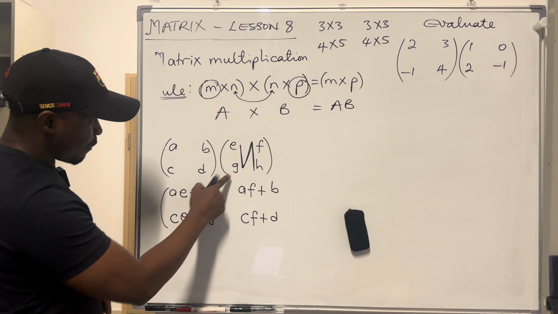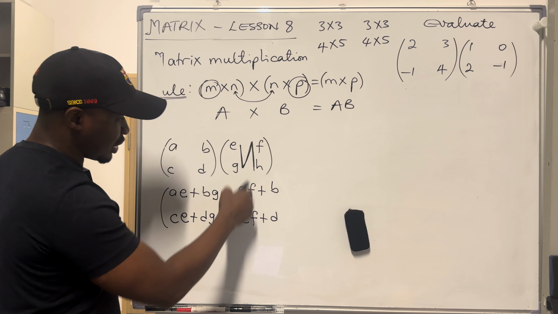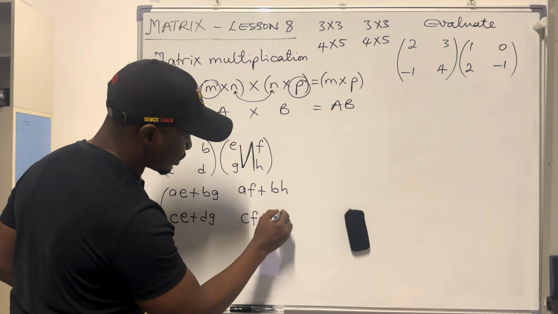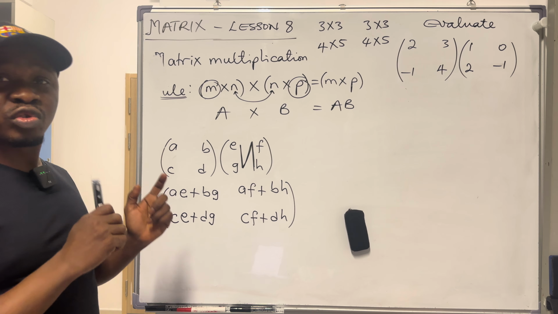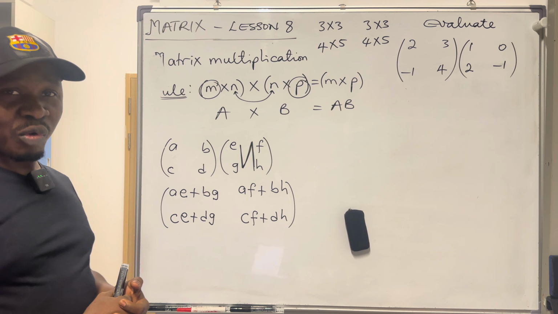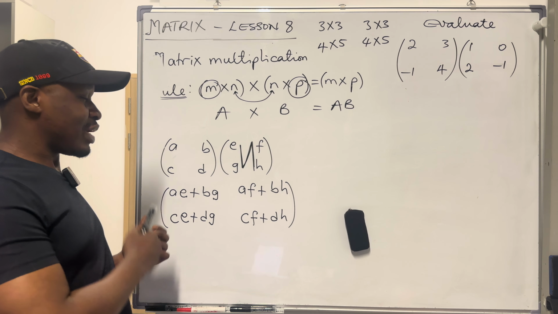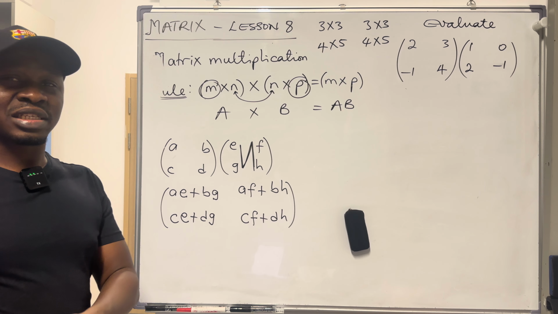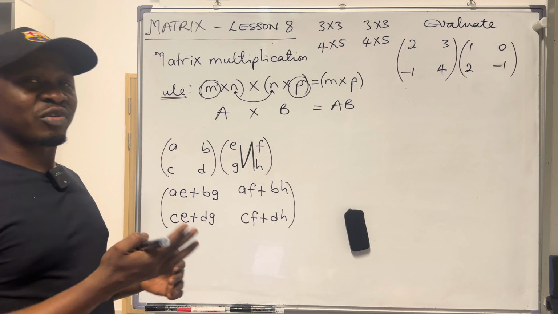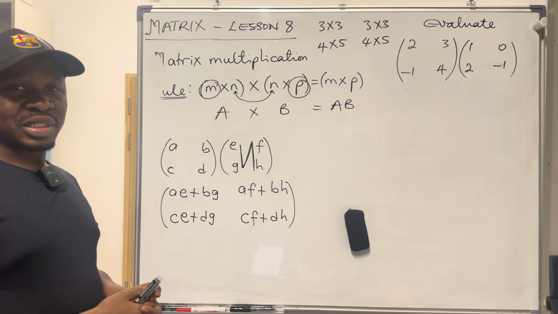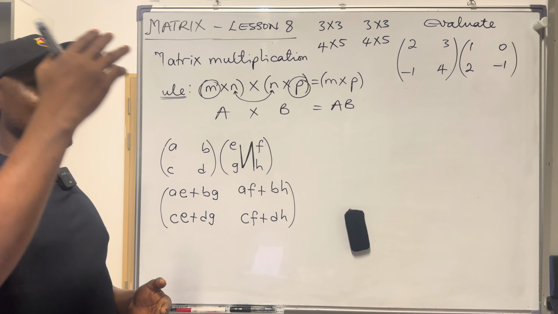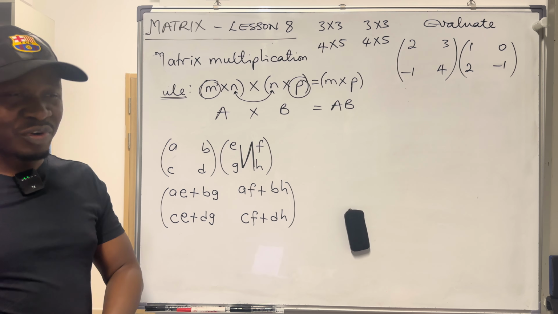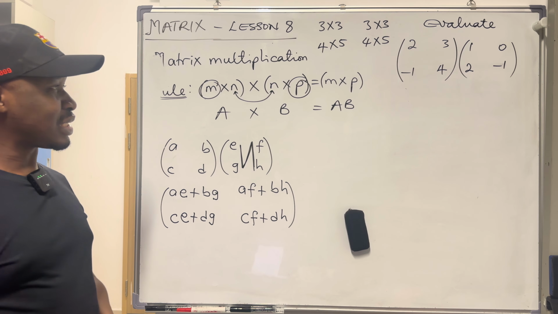E is here, G is here, F is here, and here is H. This is multiplication of matrices for 2 by 2. 3 by 3 is a different case. 5 by 5 is different from 4 by 4. 6 by 6 is different from 5 by 5. The higher the order, a different way is required.